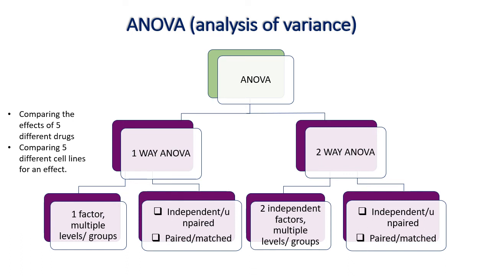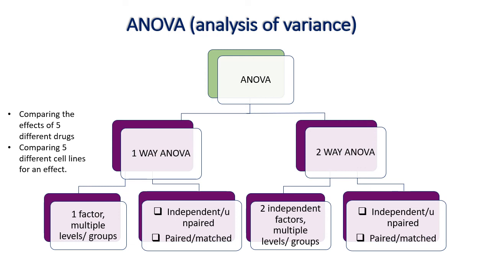Another example would be if you have only one drug, and this time you are doing the treatment with 5 different cell lines, and you want to study if there is any difference in treatments between the cell lines, the effect of treatment in these separate cell lines. So again, you would be performing a one-way ANOVA.